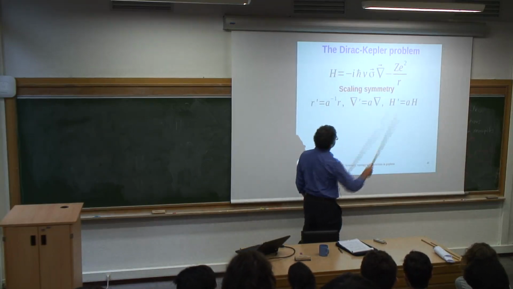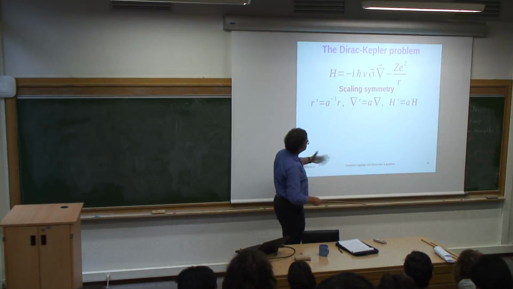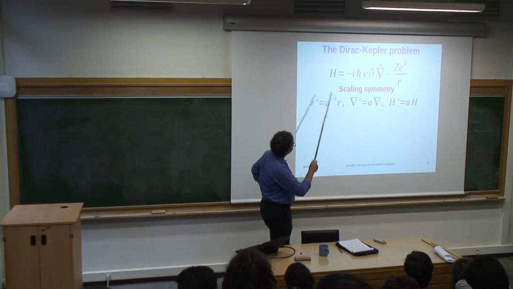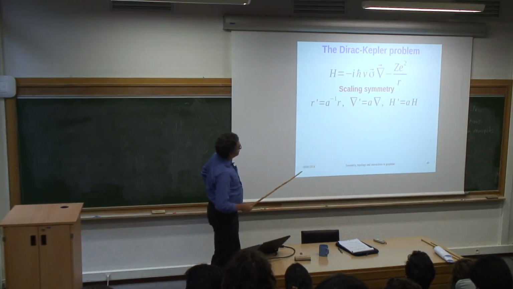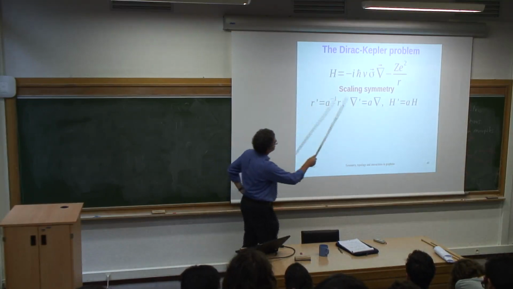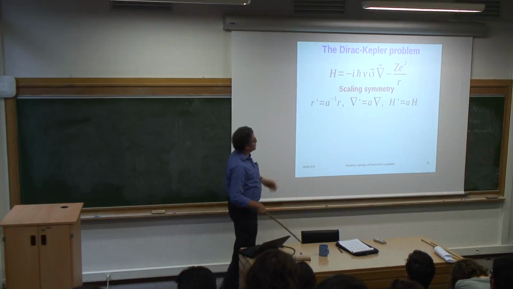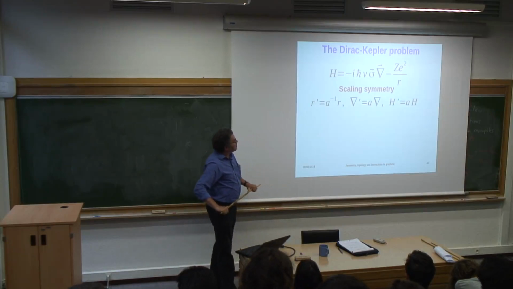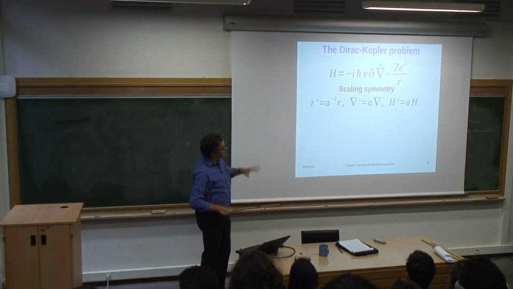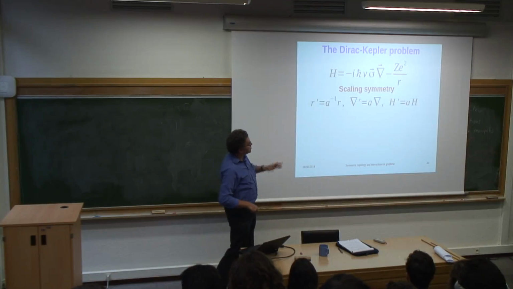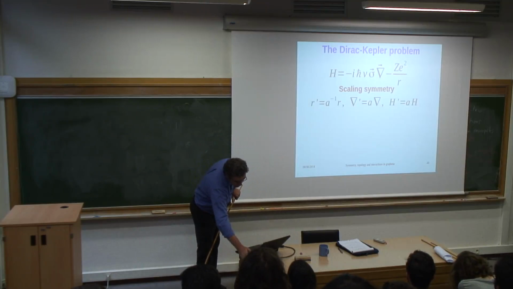Similarly, we take the Coulomb potential, which at short distances doesn't look like 1 over r, but we ignore that, and in a long wavelength limit we write down this problem, and then in the long wavelength limit it acquires scaling symmetry. You can rescale distances and energies, and you get back the same problem, and that's an exact symmetry of this Hamiltonian, of course, provided that low energy properties are not sensitive to UV regularization, right?